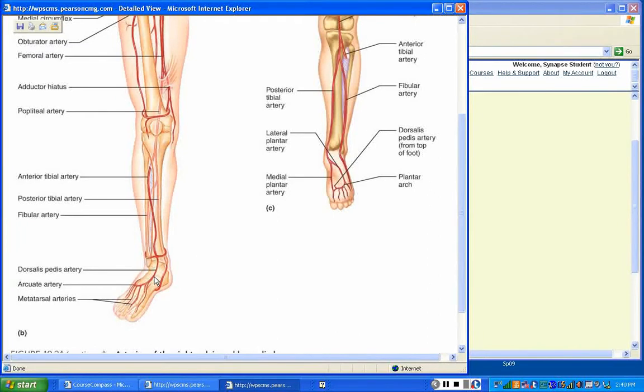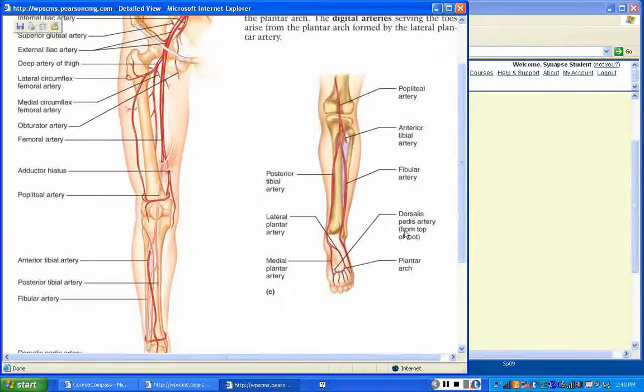The neat thing about the leg is the veins will be so close they will be almost just like that. Just a few differences on them. I should point out that you don't have this picture of the back of the leg in your lab book, do you? You do have one for the veins, though, and you do have this in your textbook. So if you want to learn it better, seeing the foot facing the other way can help you tie it all together, because here, from the back, you see, oh, this is the first branch. It goes forward, anterior.